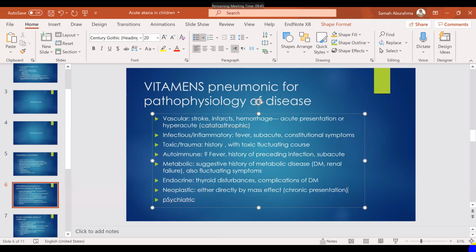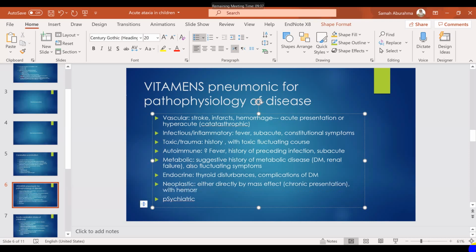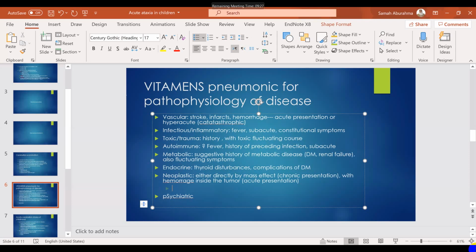When do tumors present acutely? Maybe if paraneoplastic, or with hemorrhage. This is when you have an acute presentation. And as your colleague said, a paraneoplastic phenomena. Okay, paraneoplastic.